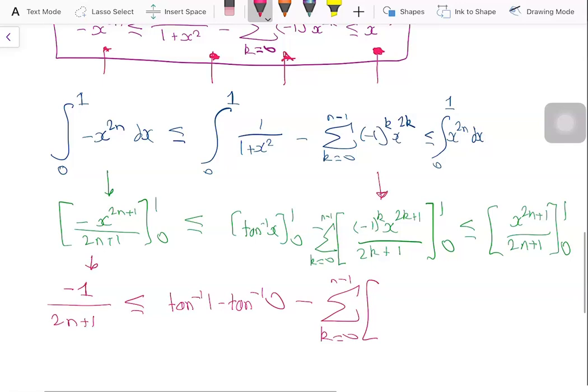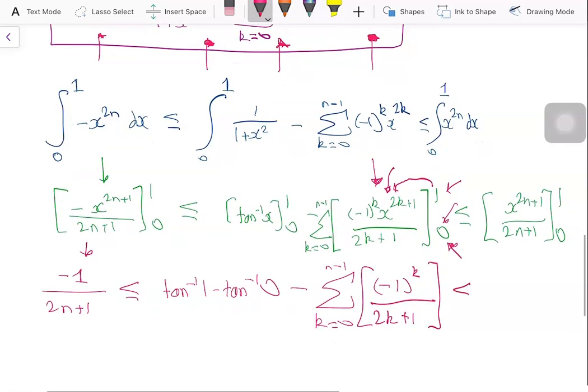For the expression inside here, we're substituting x equals 1 and minusing when x equals 0 is substituted. When x equals 0 is substituted, x to the power of 2k plus 1 equals 0, so that will amount to nothing. So you just directly substitute 1 here, and we'll get negative 1 to the k, and 1 to the 2k plus 1 is just 1, and we have 2k plus 1 here.